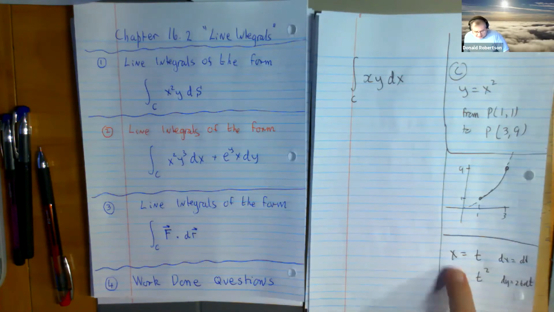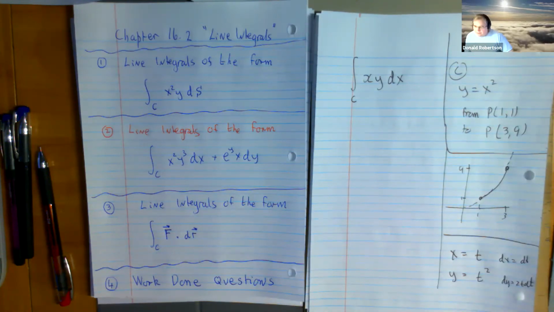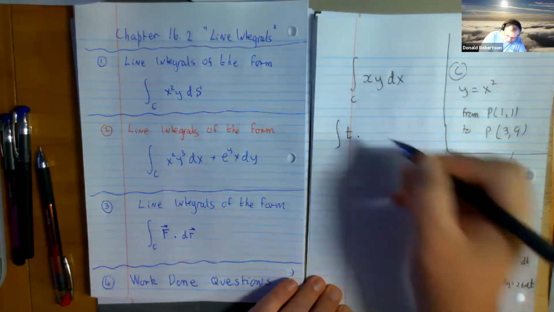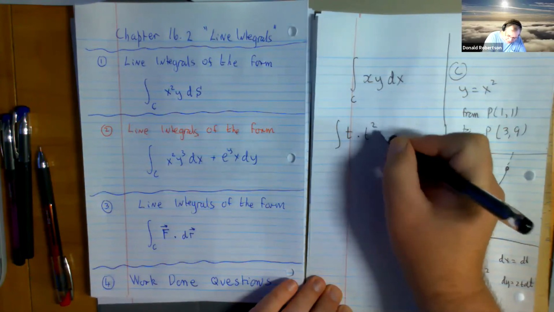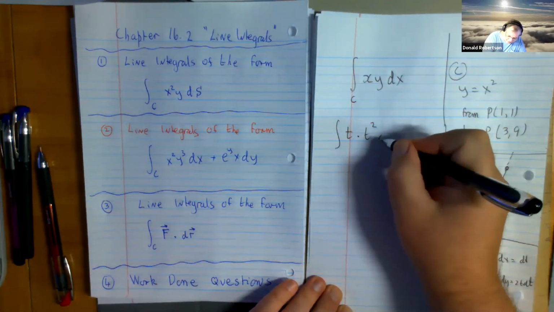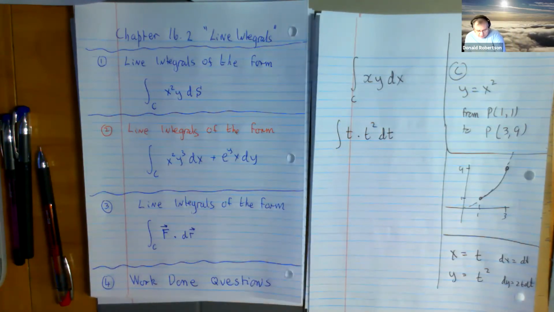So now we've got x's and we've got the dx and dy. We are 90% finished. I know x is going to be t. I know y is going to be t squared. In this case, dx is dt. One last piece to the puzzle is missing, that's why it's 90% done.